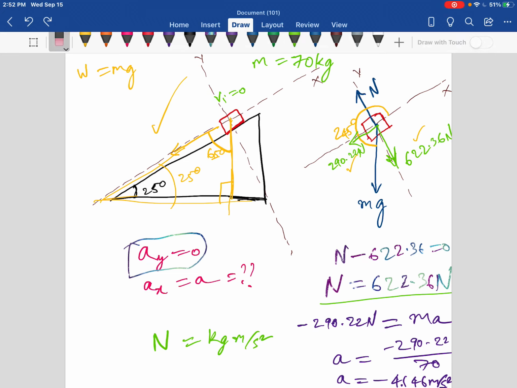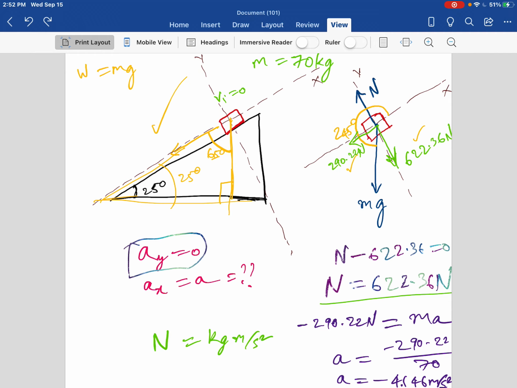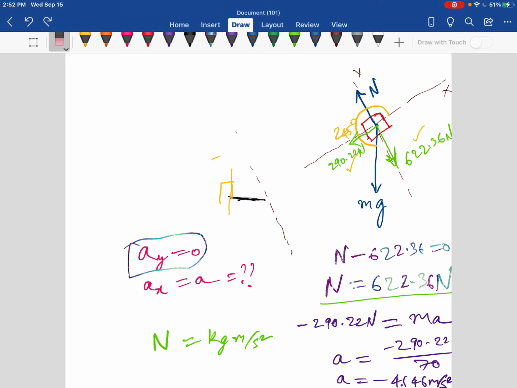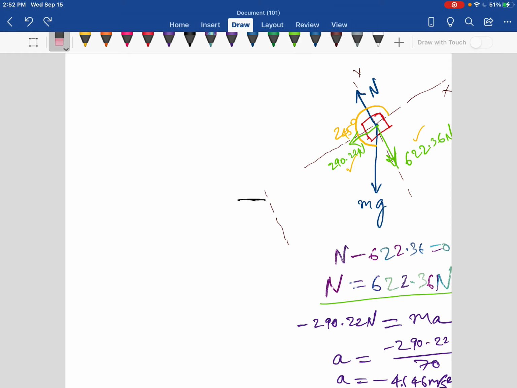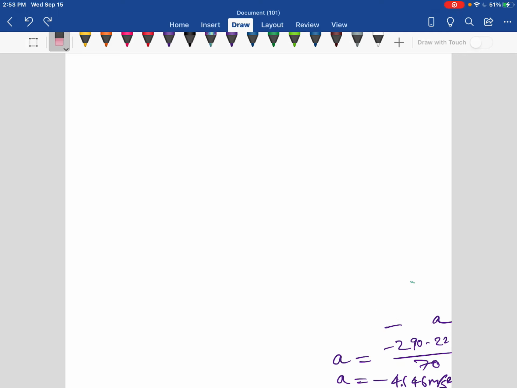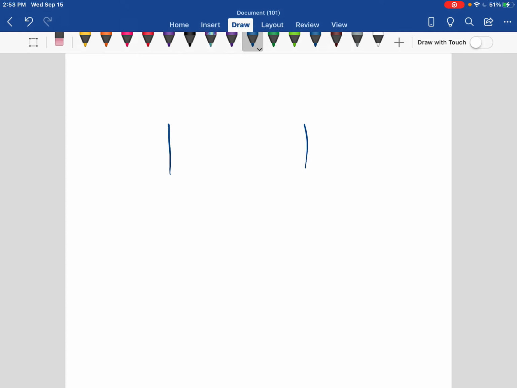I'm gonna erase all of this. I'm surprised that there is no erase all option, but okay, let's do that manually. Okay, so let's try to draw out the scenario.